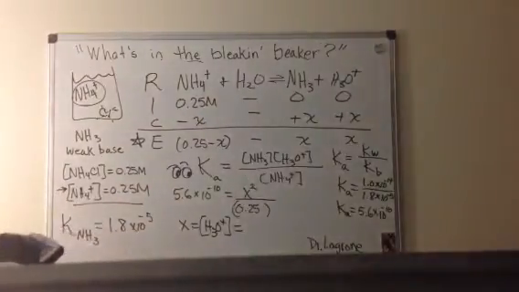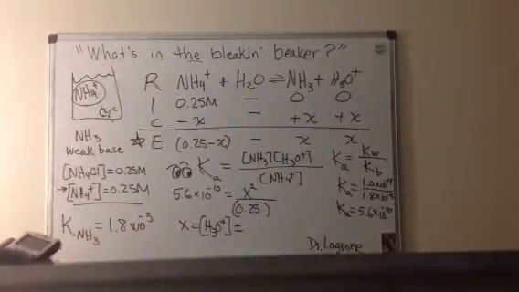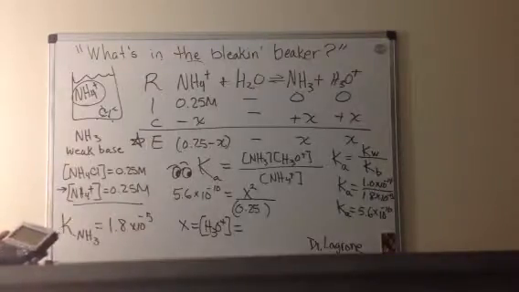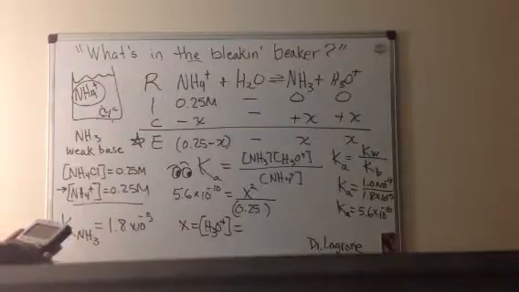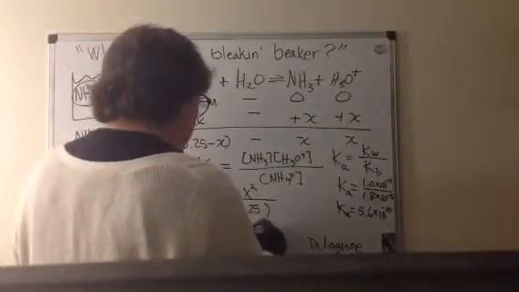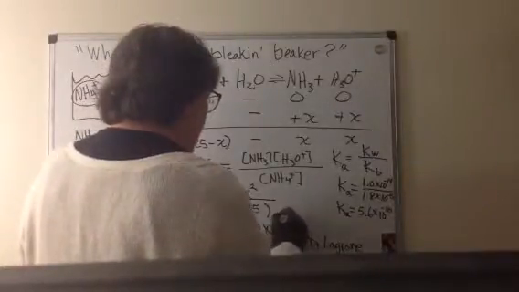And solving for that, we take the square root of 5.6 times 10 to the negative 10 times 0.25. And we get 1.2 times 10 to the negative 5.